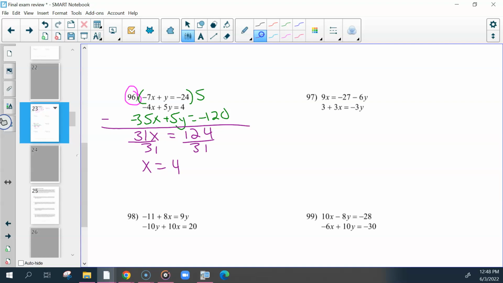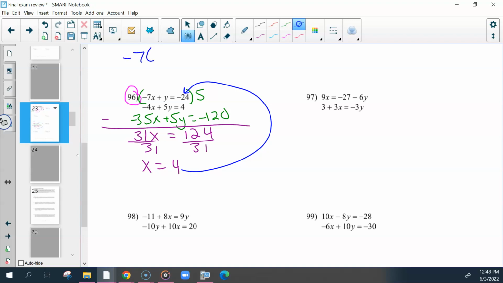So now you have 3 options where you want to put this x: first, second, or third. Does not matter where you choose. I'm going to put this into the first equation without the 5 because y is by itself, so when I solve, I don't have to get rid of the number in front.